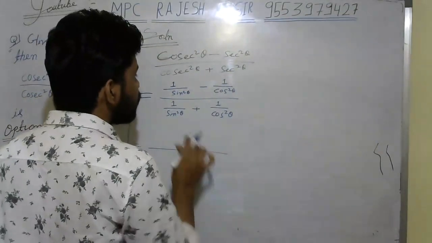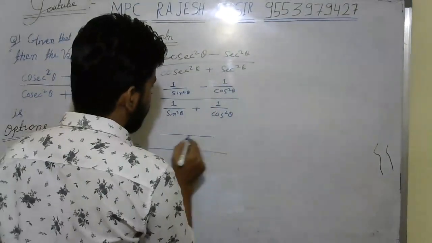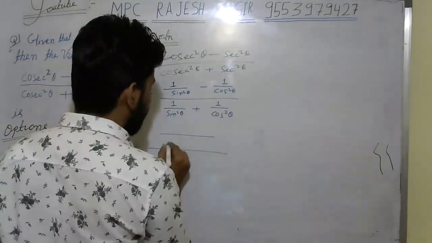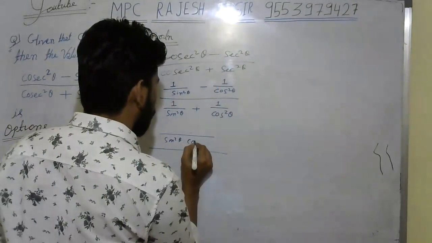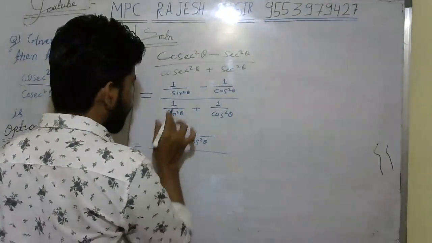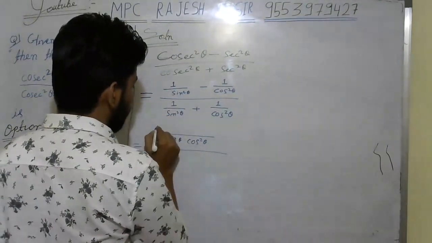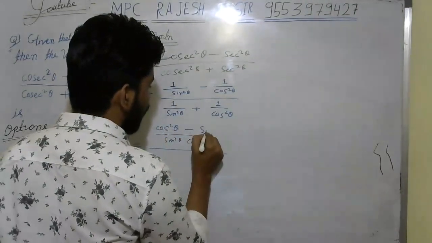How are we doing it? Just take the LCM of the denominators. The LCM of sin square theta and cos square theta is sin square theta into cos square theta. So the numerator becomes cos square theta minus sin square theta.